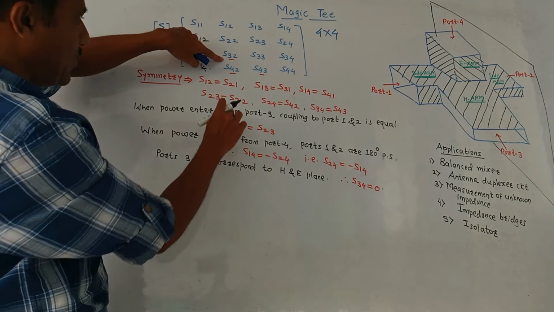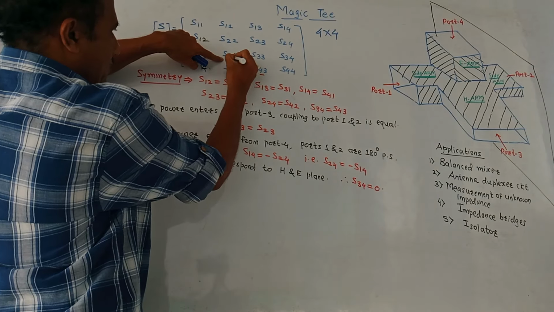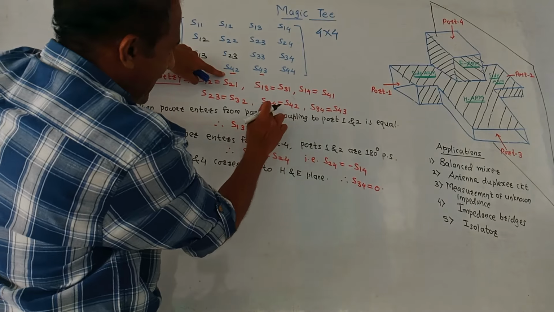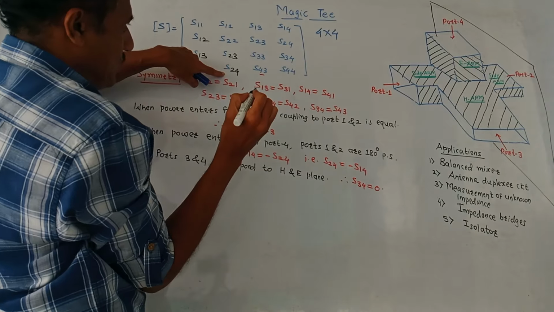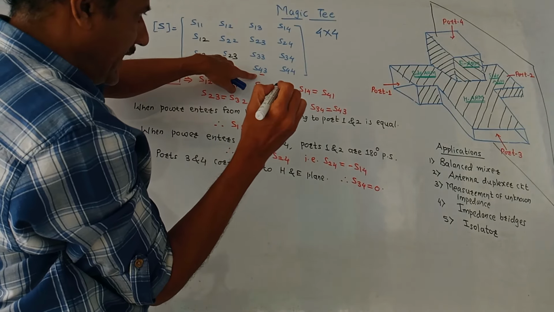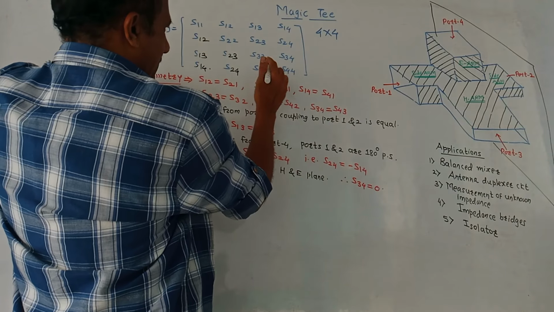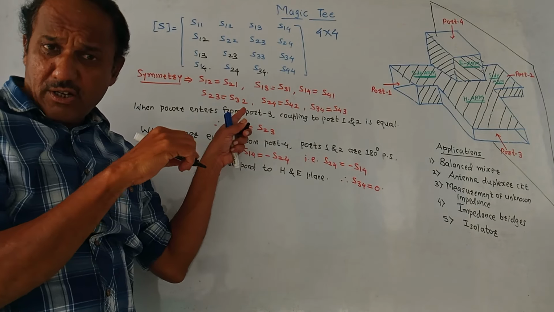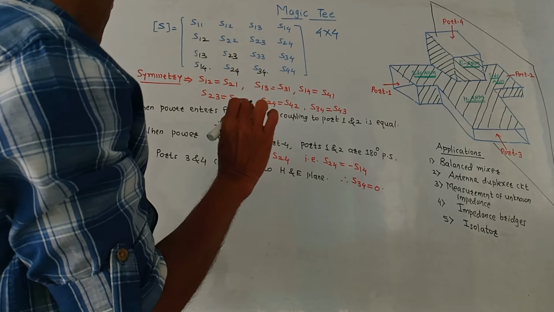Then S32 is same as S23, so I will write here S23. S42 is same as S24, so I will make changes over here. I will write it as S24. Then S43 is same as S34, so I will write over here S34. So I have changed the contents of this matrix by using the symmetry property.